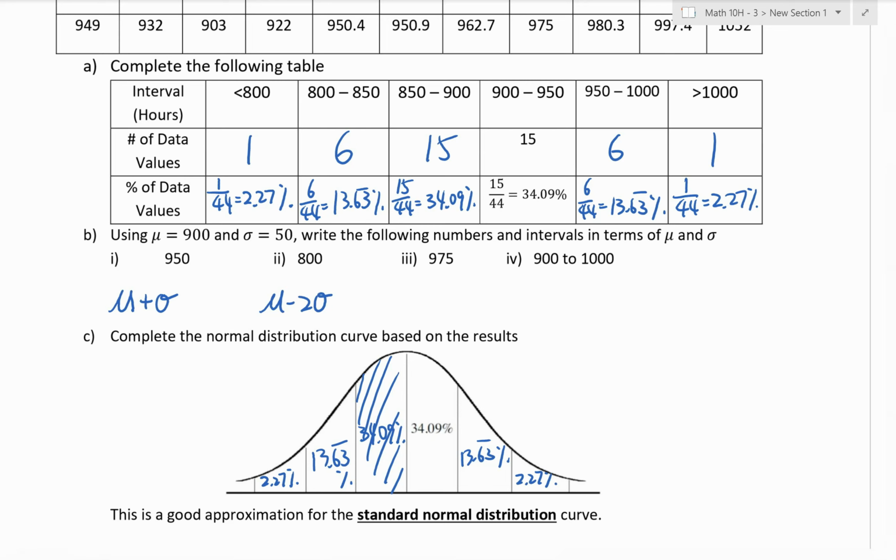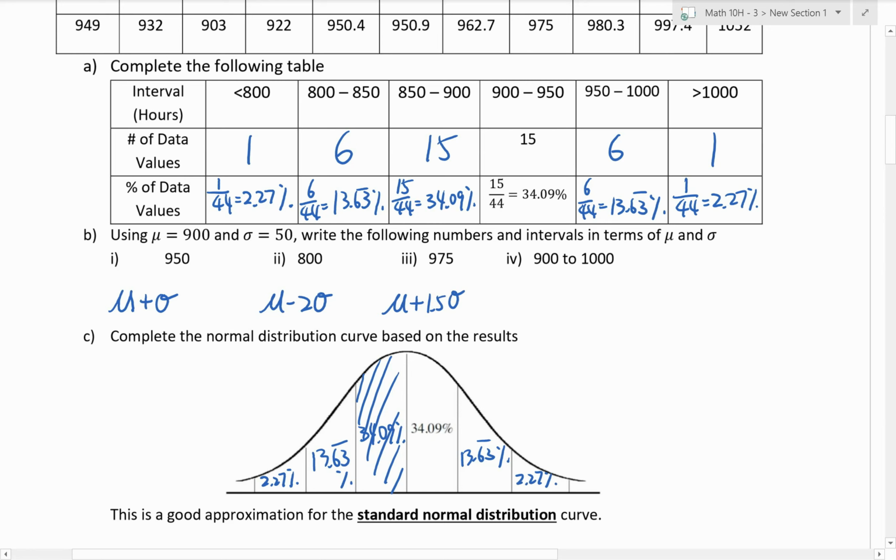For 975, we can do something similar. So this is going to be mu plus 75, which is not a full multiple of 50, but it is 1.5 times 50. That gives you 75. So this is mu plus 1.5 times sigma.